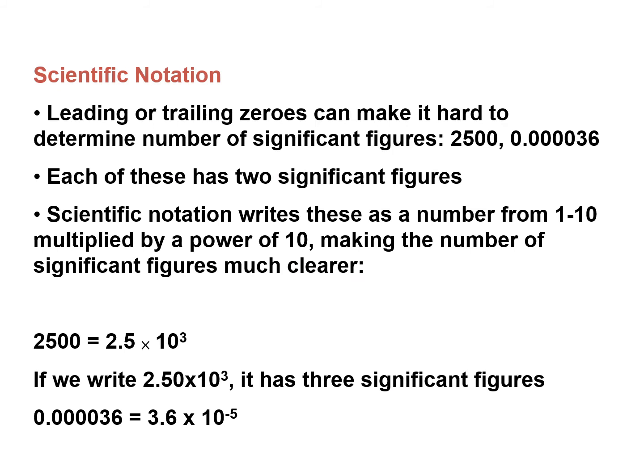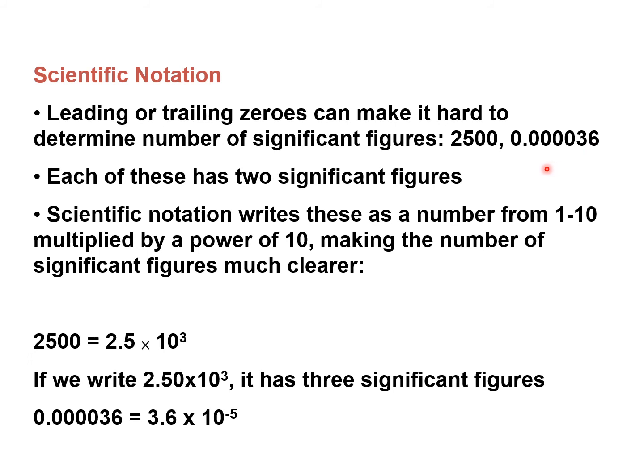Now we move to the scientific notations. The leading or trailing zeros can make it hard to determine a number of significant figures. Such as 2500 or maybe 0.00036. And remember, 2500 has trailing zeros, while 0.00036 has leading zeros.